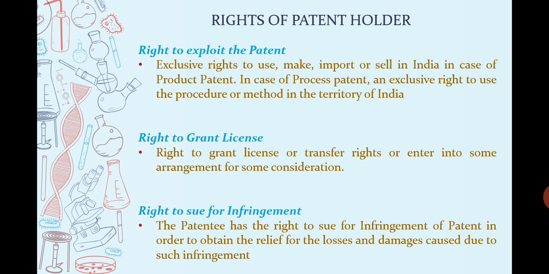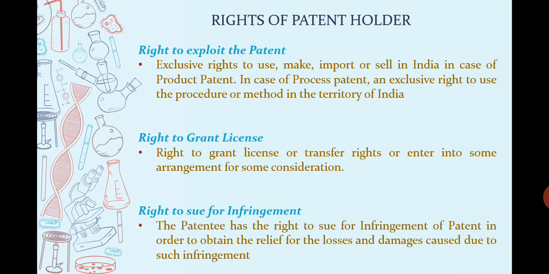So as a patent holder, I get exclusive rights to perform all the legal activities which are permissible as well as profitable to commercially exploit my patent. Likewise, if the patent is granted for a process, I can use that methodology, that procedure, in India to manufacture certain materials.